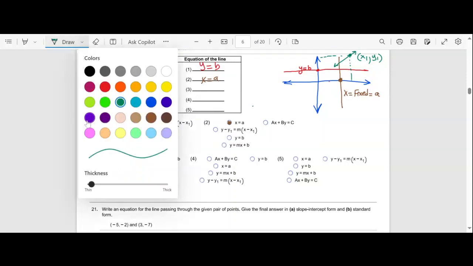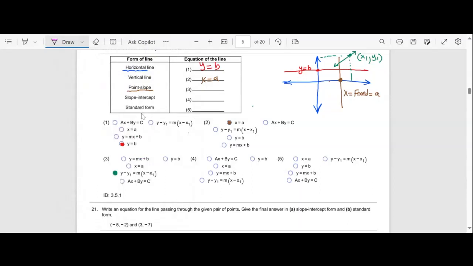Next one. It says slope intercept. Intercept means it is cutting the graph at one point. We don't know where the point is, but somewhere here. This is called the y-intercept.